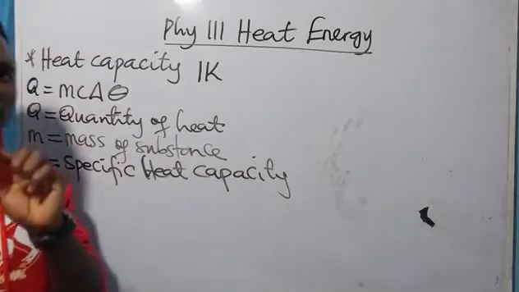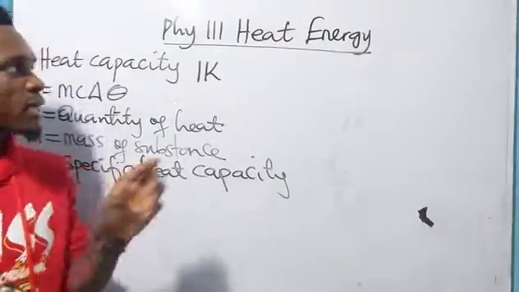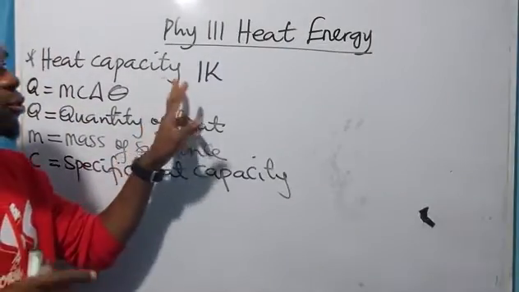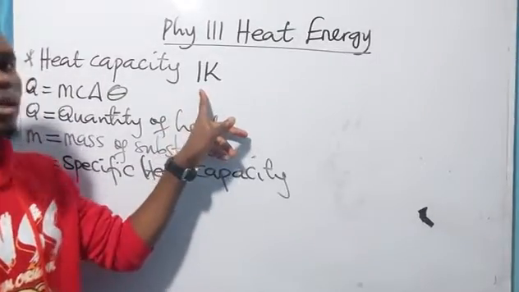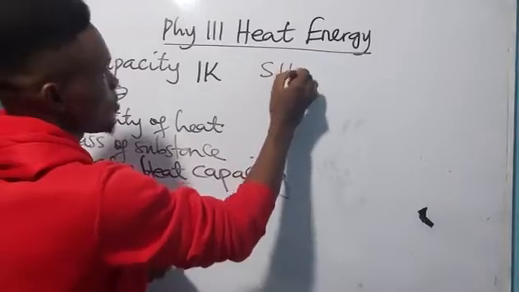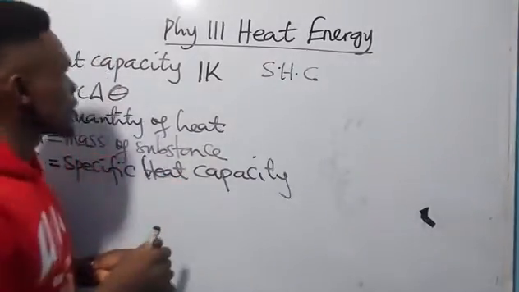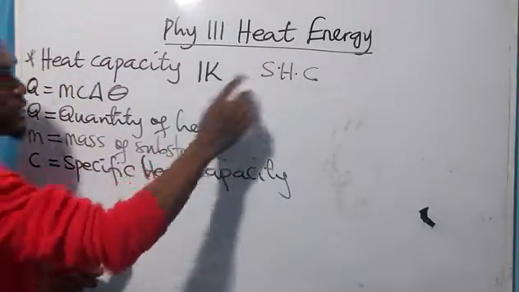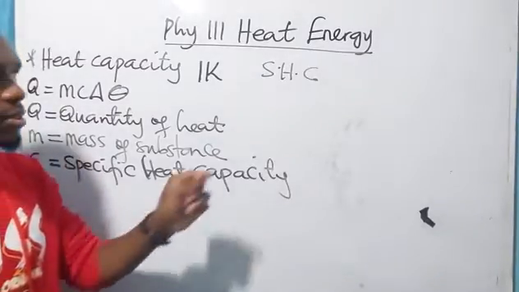I said heat capacity means the quantity of heat needed or required or supplied to raise the temperature of the mass of a substance by 1 Kelvin. You now have specific heat capacity. The difference between this one and this one is units.